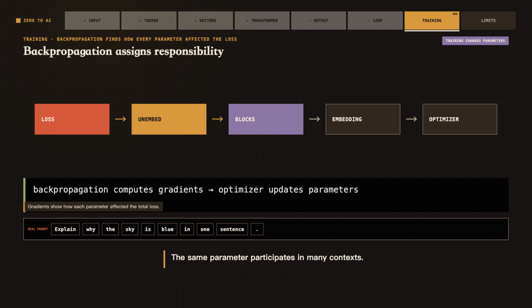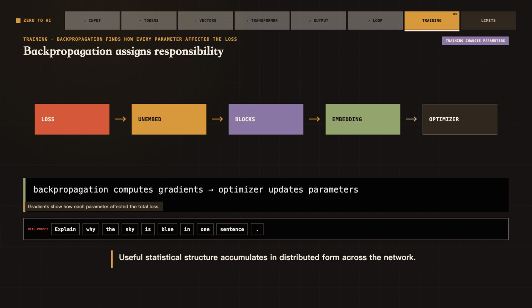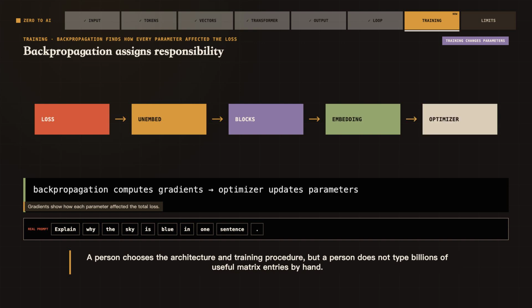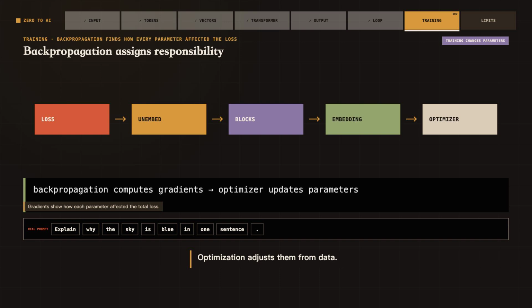The same parameter participates in many contexts. Useful statistical structure accumulates in distributed form across the network. This is where the matrices come from. A person chooses the architecture and training procedure, but a person does not type billions of useful matrix entries by hand. Optimization adjusts them from data.